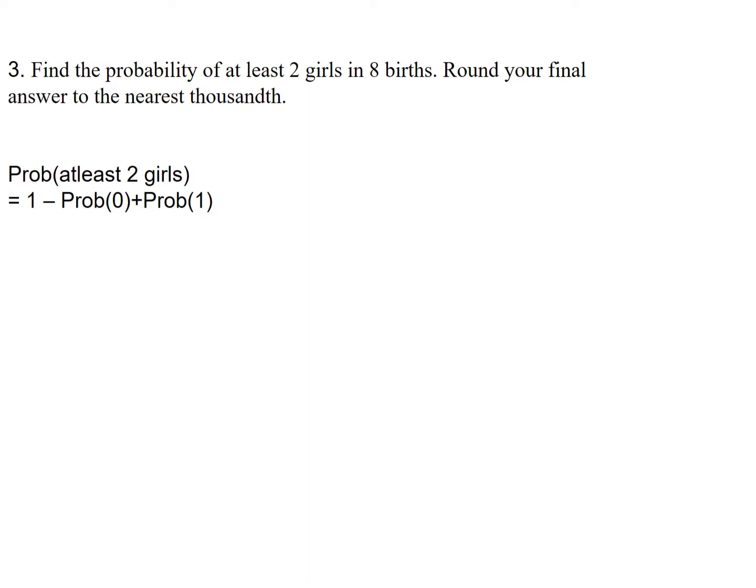You could have simply done 1 minus the complement, which, the probability of 0 would be 0.00391 plus 0.03125. Add those two, subtract them from 1, and you should get 0.96484. And again, nearest thousandth, so 0.965 would be the final answer. So hopefully this is the method you went for and didn't work hard enough. I didn't work that hard on this problem.